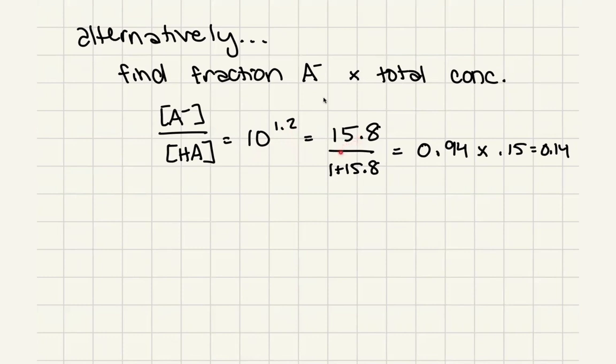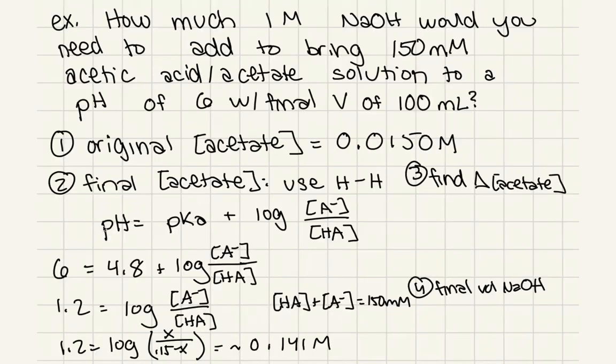Remember, to find the fraction, we then have to divide that by that number plus 1, taking into account that that's per 1 part of our conjugate acid. And this is going to give us a value of 0.94, which we can then multiply by the concentration to get 0.14 molar.